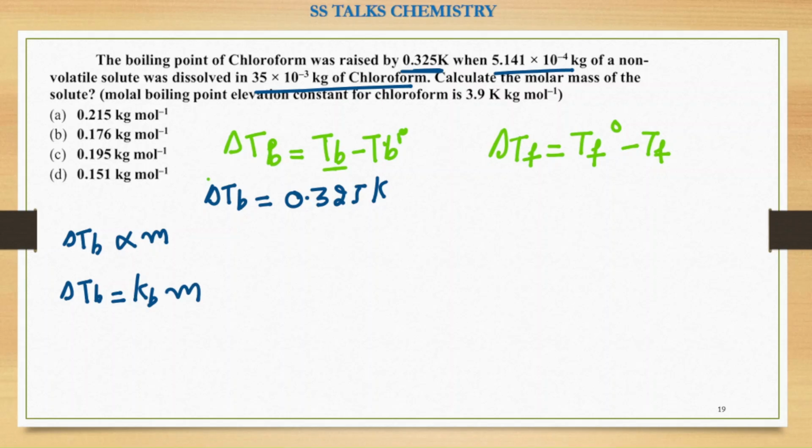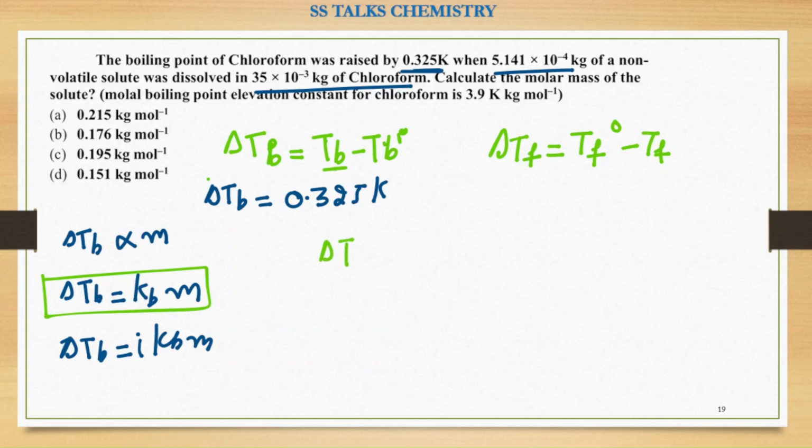Here, if the molecule is showing association or dissociation, then this i factor will also be included. Okay. So these are the expressions for elevation in the boiling point. Now, chloroform does not show any association or dissociation. So this expression we are going to make use of.